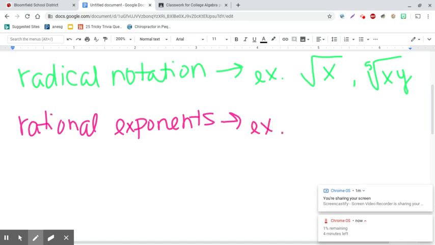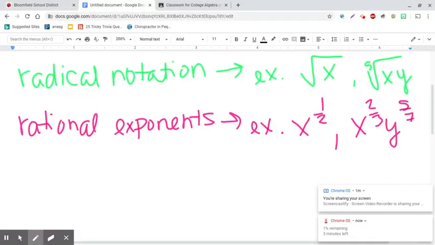So an example of this would be something like x to the 1/2 power, or x to the 2/3, y to the 5/7 power. Okay, that's an example of a rational exponent and radical notation.